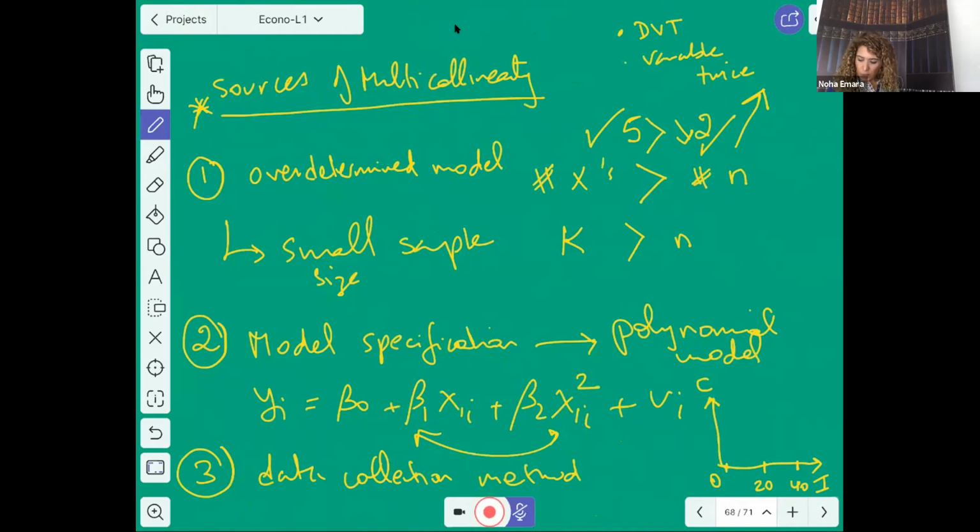If I stop here and my range is only from 0 to 20, I'm sure that I would get high correlation, because people who have an income of 20K or less per year have very similar consumption behavior.